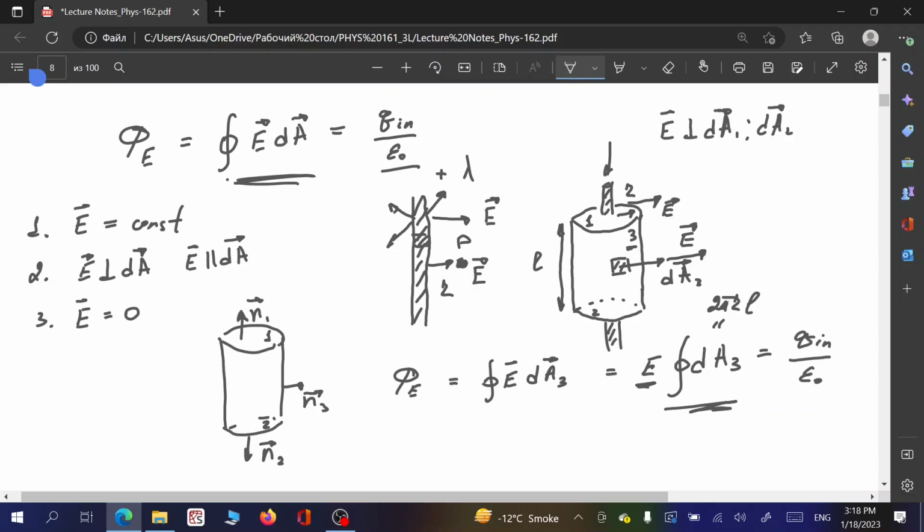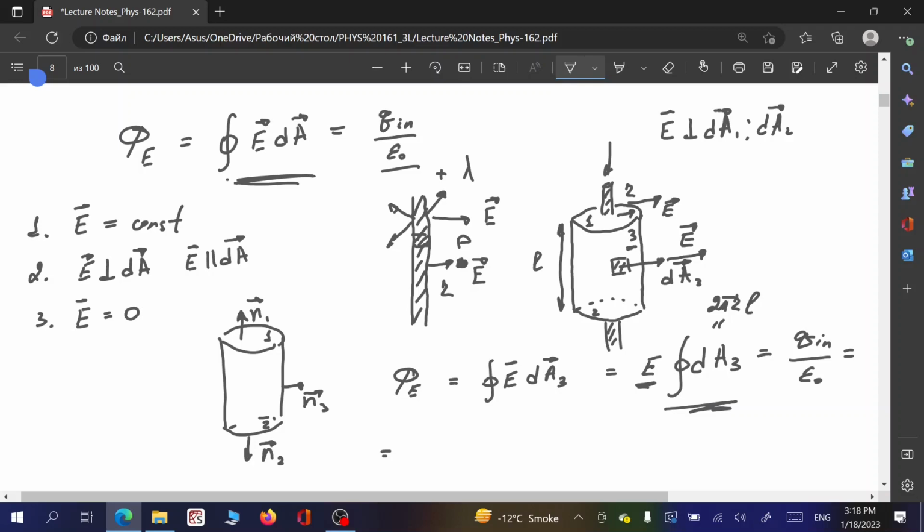So now tell me what will be this Q internal in this particular case. So we have the volume formed by the cylinder. Yes? Lambda times L. So the linear density of electric charge means coulomb per meter of this wire, and here is the length of the cylinder.